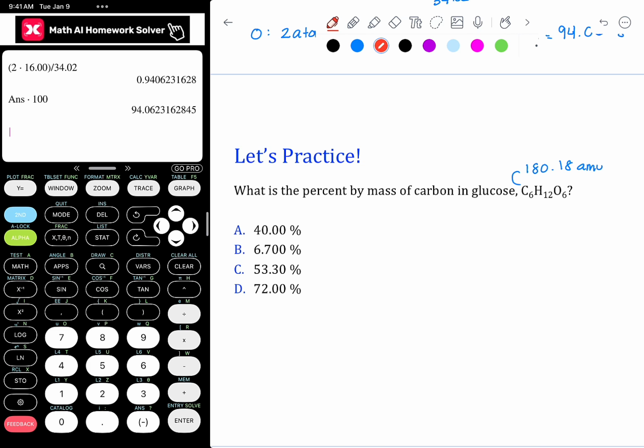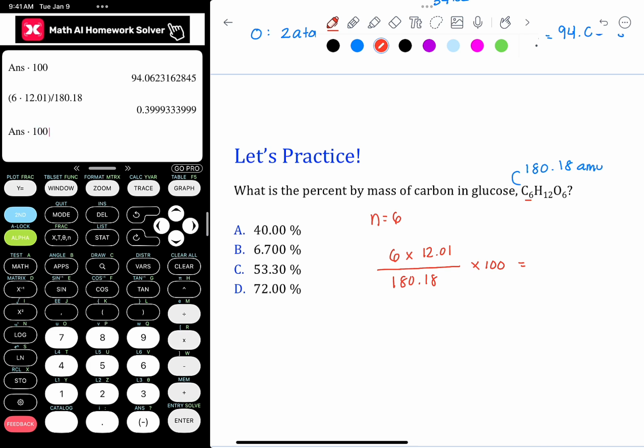From our equation on our previous slides, N in this case is equal to 6 because there are 6 atoms of carbon in this molecule. So we take 6 times the mass of carbon, 12.01, and we divide that by the total mass of glucose, 180.18, and multiply it by 100.